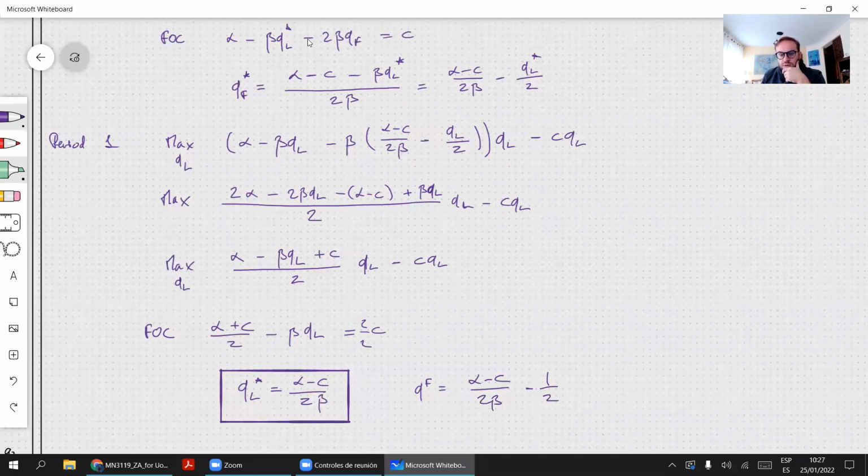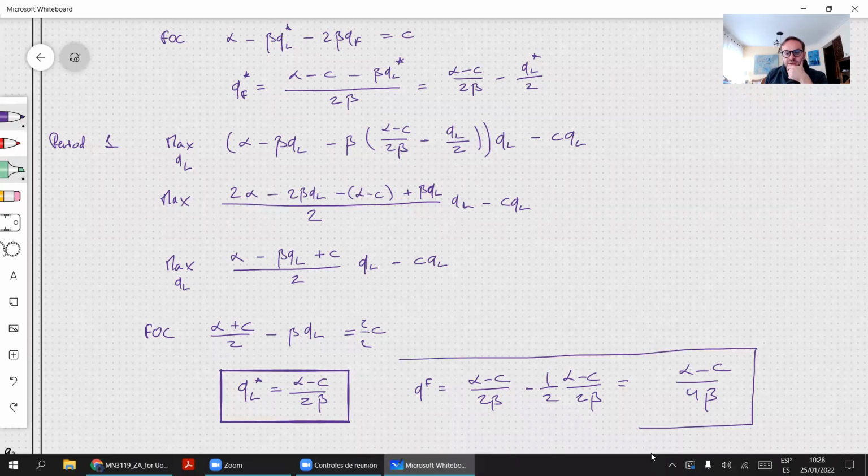So this is a quarter. The common denominator should be 4 beta, which means that I'm going to multiply 2 times alpha minus C minus alpha minus C. This is alpha minus C.